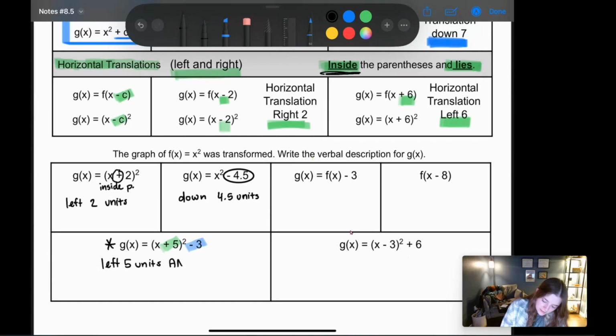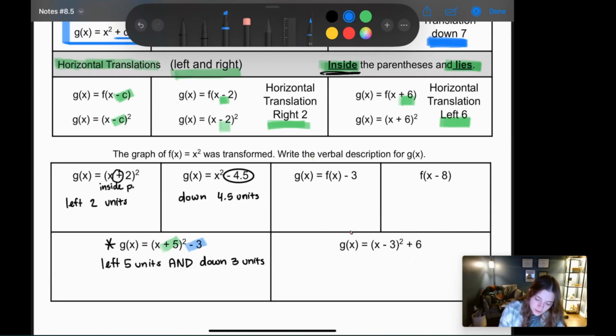And because we're not done, -3, it's outside the parentheses, so it tells the truth, down 3 units. And you're done. That is the transformation that happened. And you can even double check that by putting it into Desmos. And you can tell me exactly what happened there.